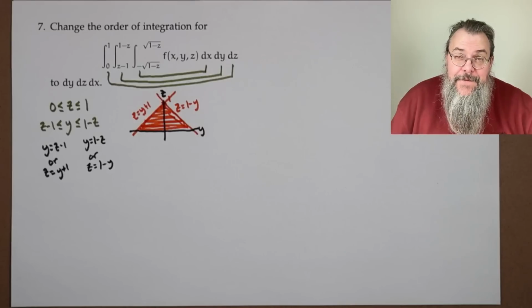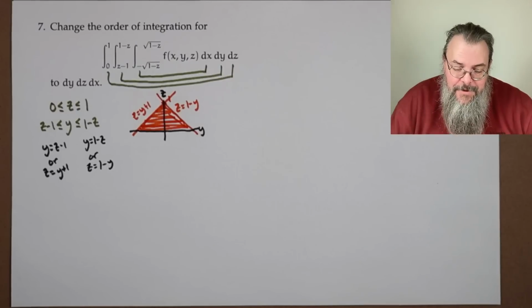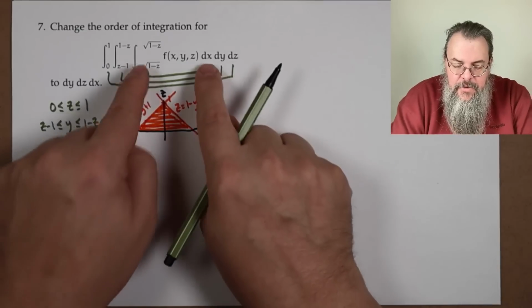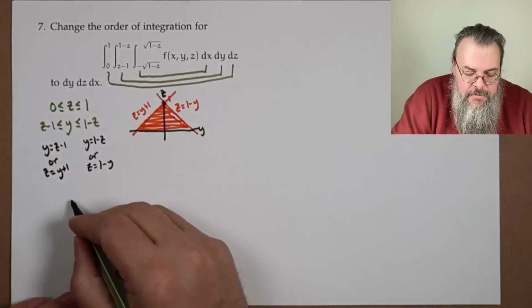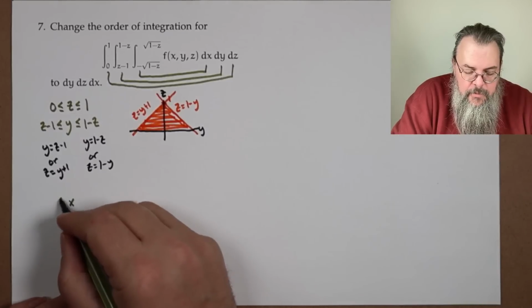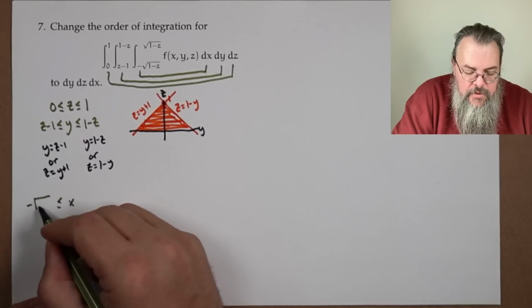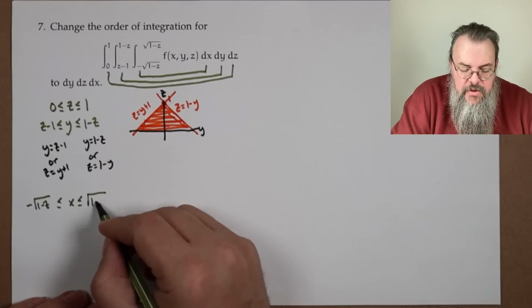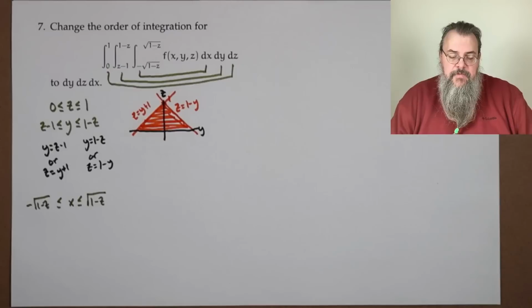Now, we have to go up one more level. And now we come up to our x. So x, we're told, goes from minus square root 1 minus z to plus square root 1 minus z.